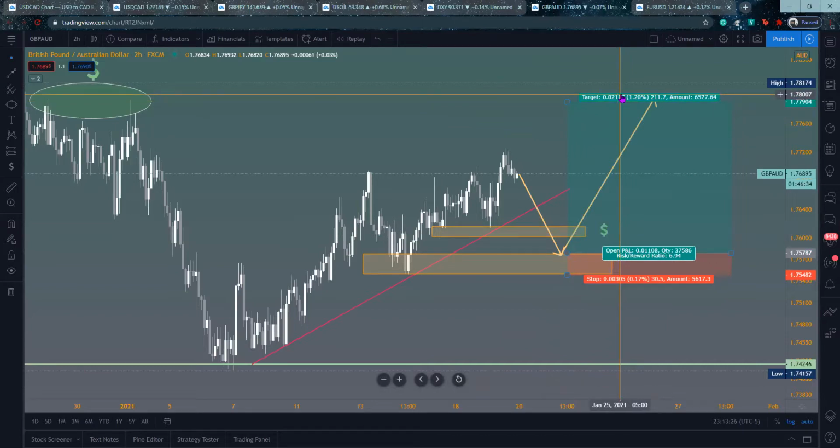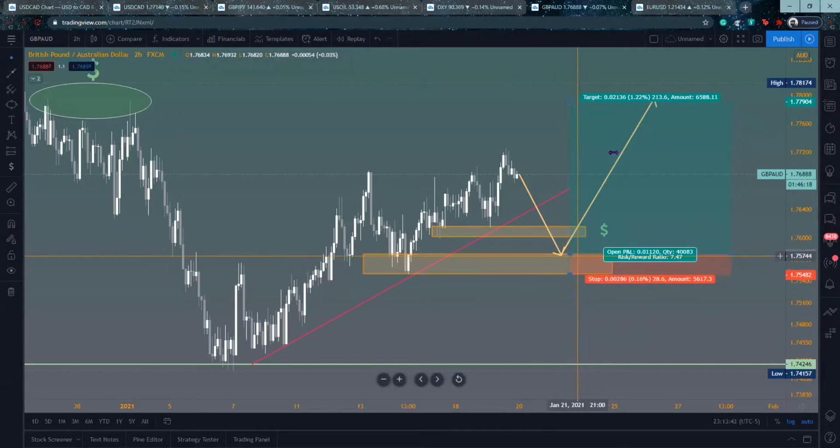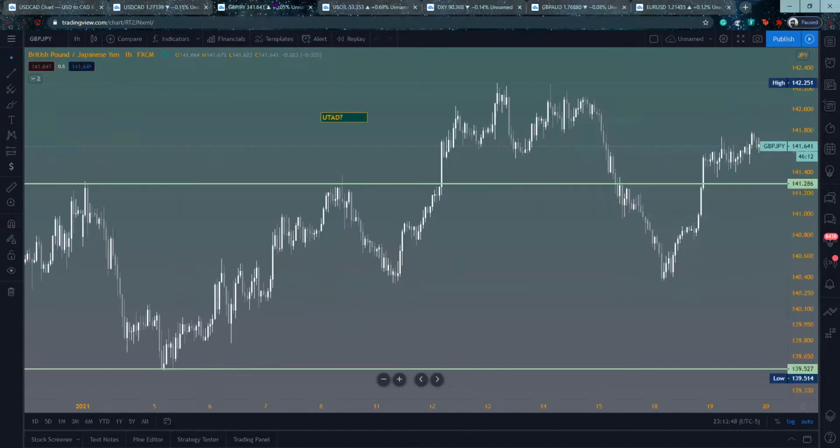So I think GA has that one downside, that its pip count is so high that you have to go for position almost every single time. We can cut down our risk and go for the 50% of the order block, but I'd rather be in the trade than out of it. So I'm just going to stick with my guns there. I'm going to be taking that there. The next one would be GBP JPY.